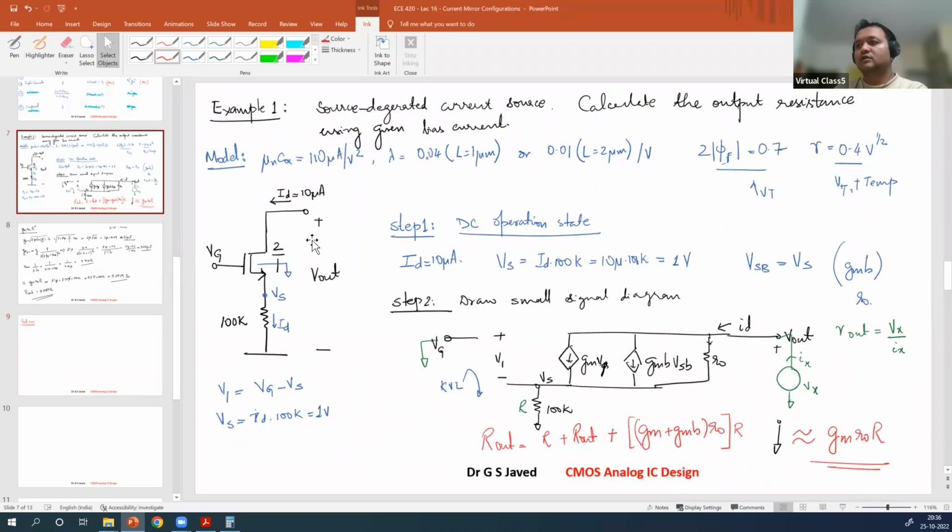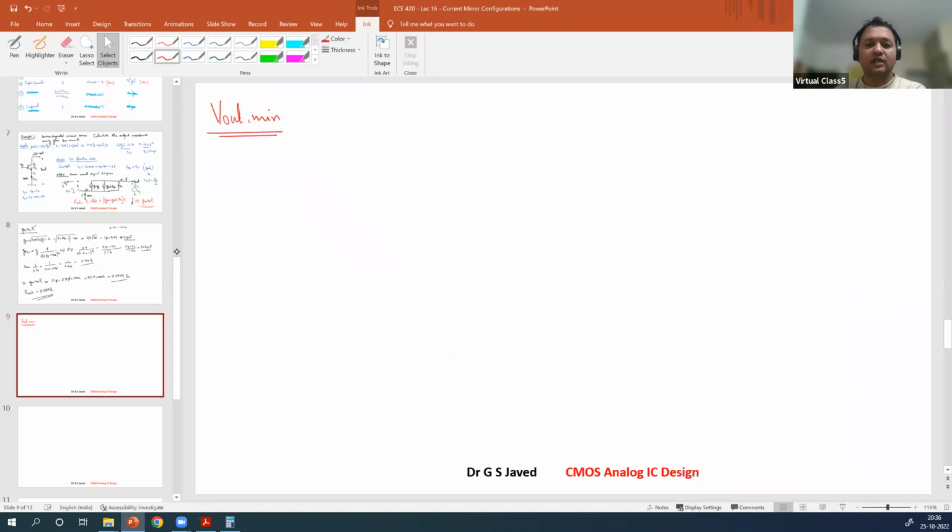The V out min is given as the drop across this value and the VD set, right? And VGS minus VT. VD set would give you that. So first, let us find out the numerical. What do you have? We need to find VGS minus VT. So this is what we have to find out.